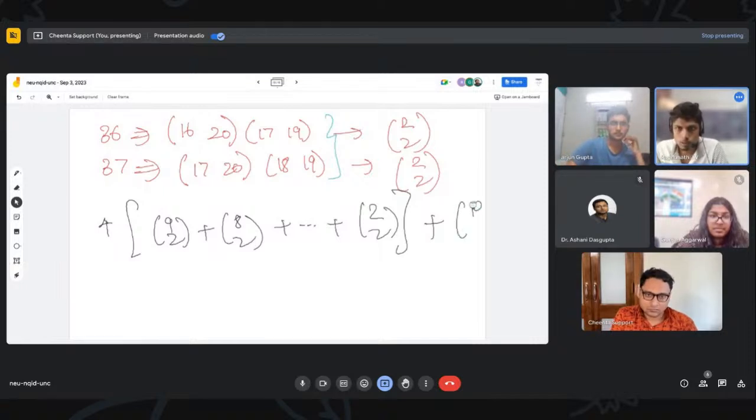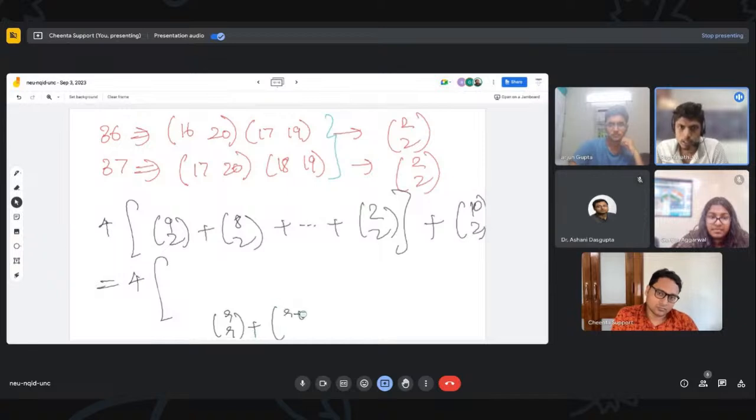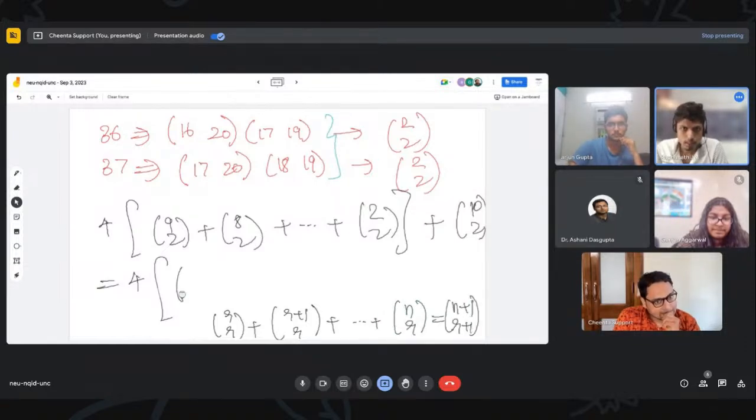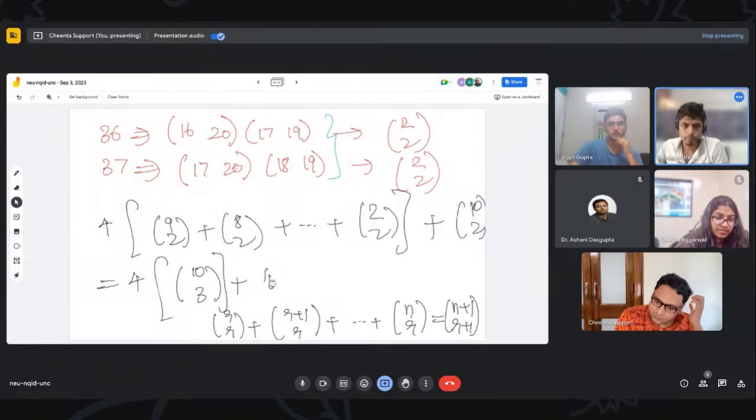Now let's use the hockey stick identity, which tells that R choose R plus R plus 1 choose R plus R plus 2 choose R till n choose R is equal to n plus 1 choose R plus 1. So this is 10 choose 3 plus 10 choose 2, which will be 45.